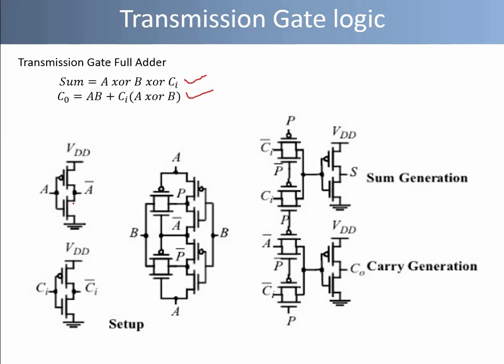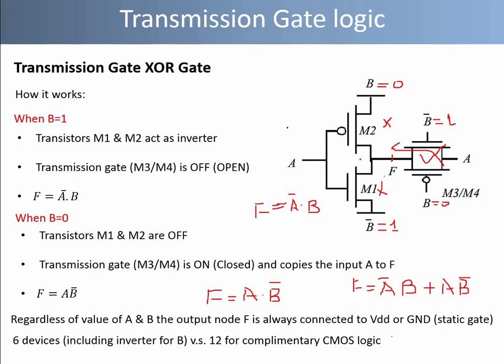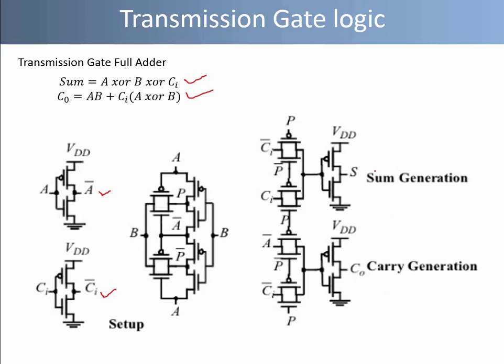First we have a couple of inverters to obtain the complement of A and input carry. Then we have an XOR and XNOR structure similar to the one that we saw in this slide, an inverter and a transmission gate. Here we have the same structure but flipped horizontally. We have an inverter on this side and our transmission gate on this side.